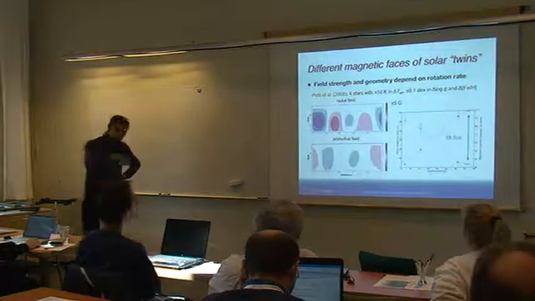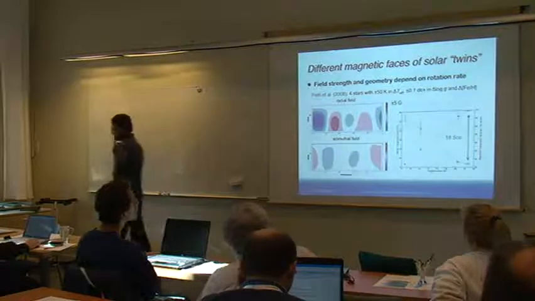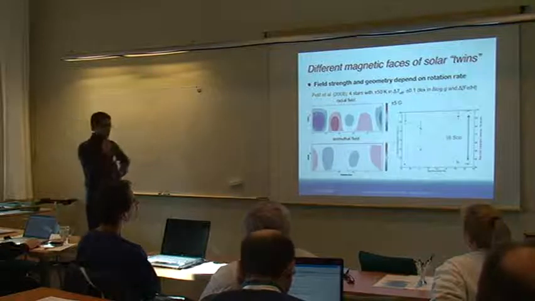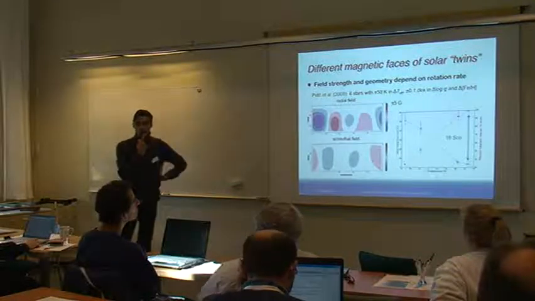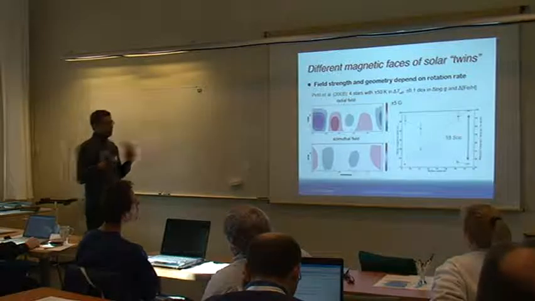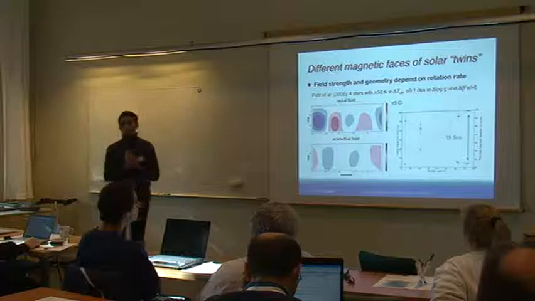Then going a little bit down in the HR diagram, spectropolarimetry is now so sensitive to the magnetic fields in stars that it is apparently possible even to construct, in a very crude way, some maps of the magnetic fields in solar twins.